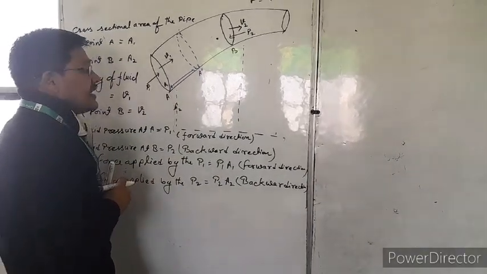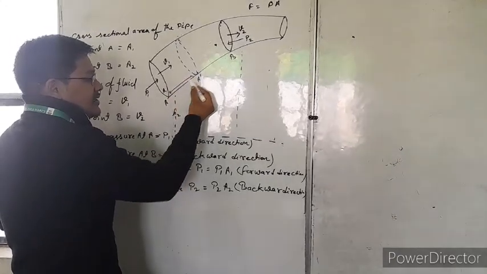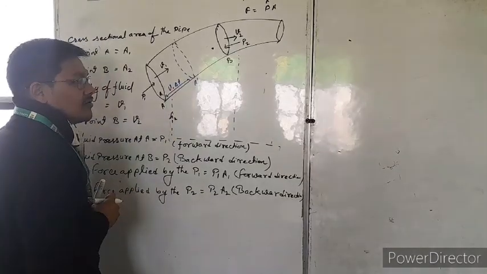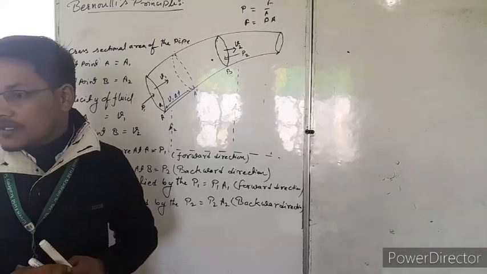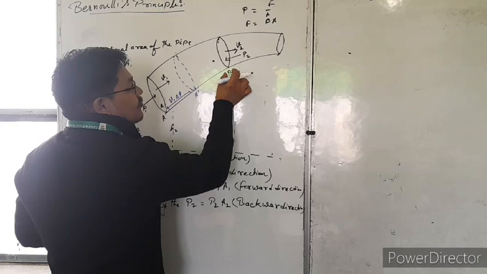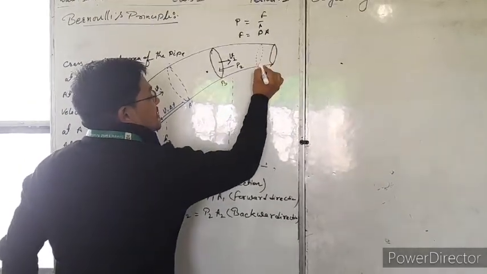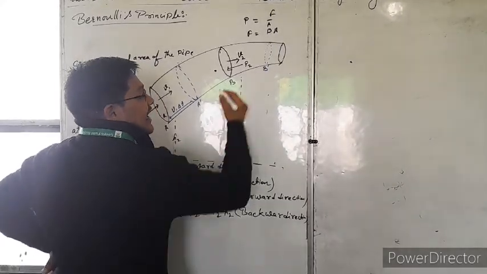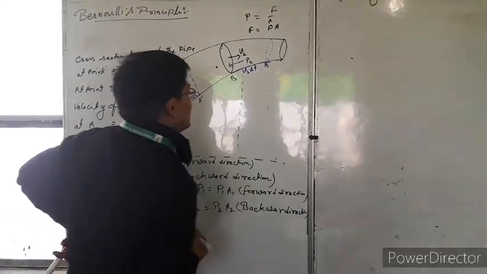Is that clear? Since the velocity is V1, the displacement will be V1 delta T, because displacement equals velocity into time. And the fluid which is at point B will move to point B dash, and this displacement will be V2 delta T.